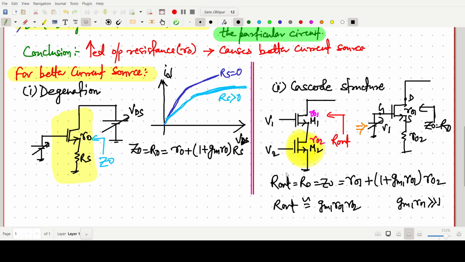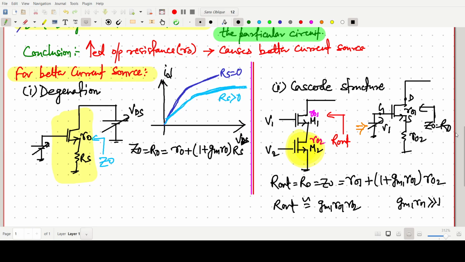So in this case the output resistance is much higher, so this will be a better current source. The output impedance of the circuit is approximately the intrinsic gain of the first transistor, gm1 R naught 1, multiplied by R naught 2. Okay, so this is the thing.